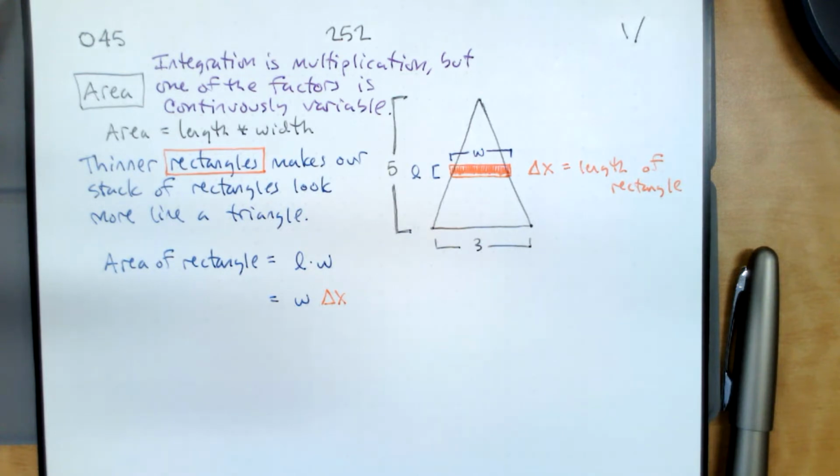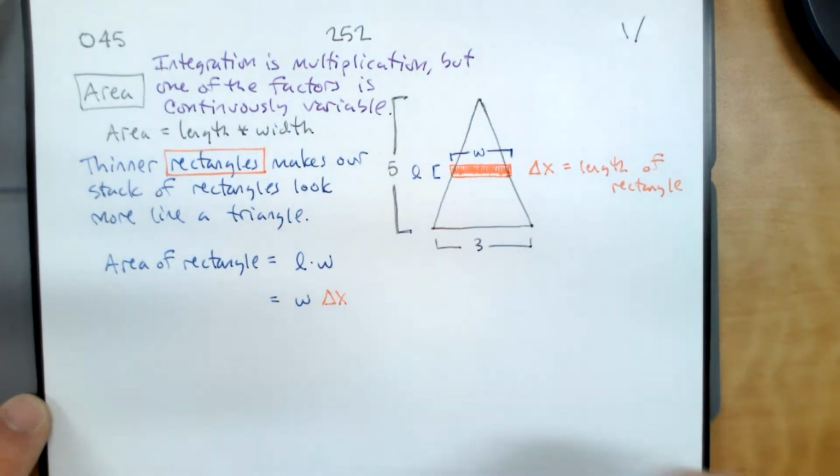We also need to write the width in terms of x, because as we saw in substitution, we can't integrate w with respect to x, especially if w is some function of x. We've got to write w as a function of x so that we can integrate it. So at this point, we need to write w in terms of x.